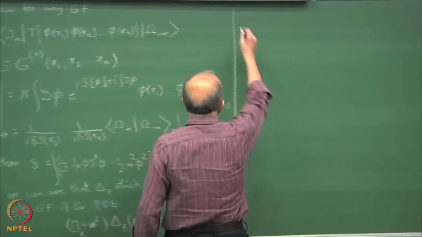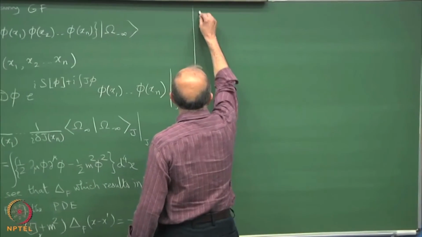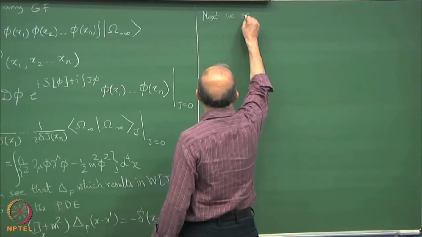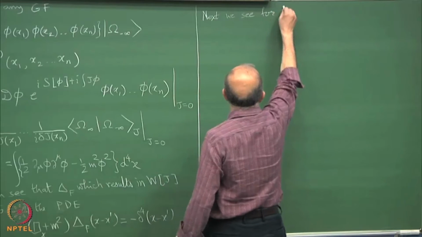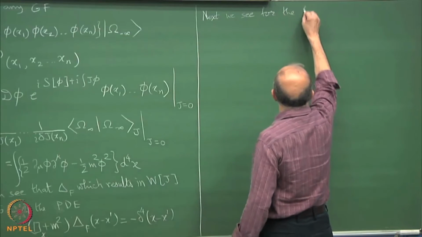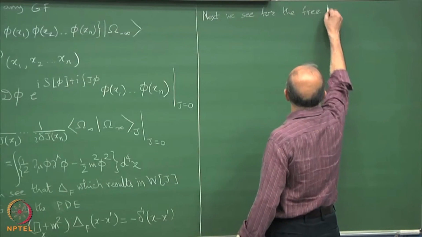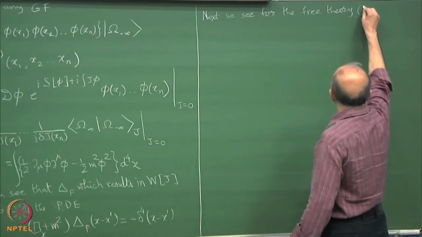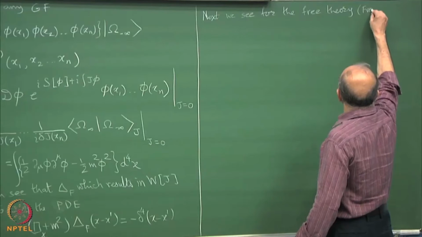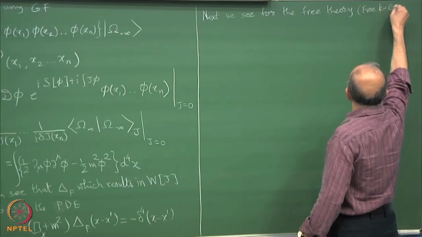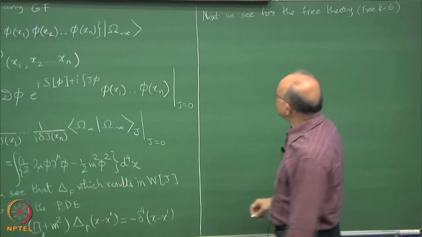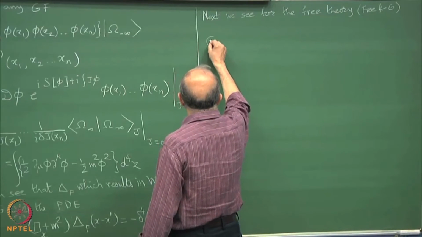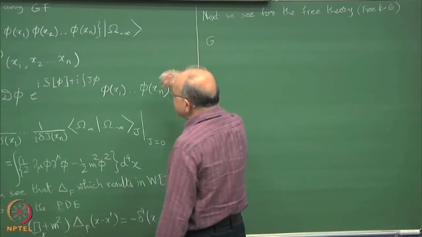So for the free theory, there are no interactions, just the Klein-Gordon. If I calculate G2, so G1 will be 0, right?